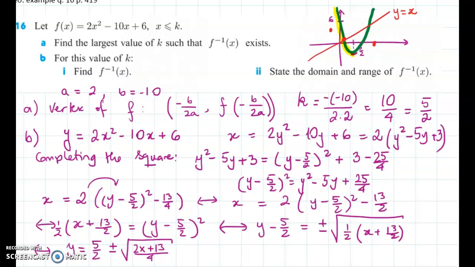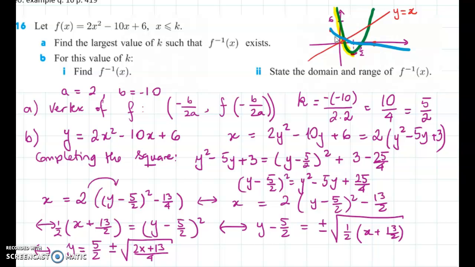So with those pieces of information, we can try to sketch the graph of the reflection, that is the graph of the inverse, and it's going to look something like this. It's not a very good picture, but it's just a sketch.